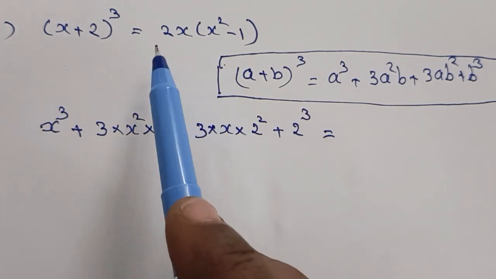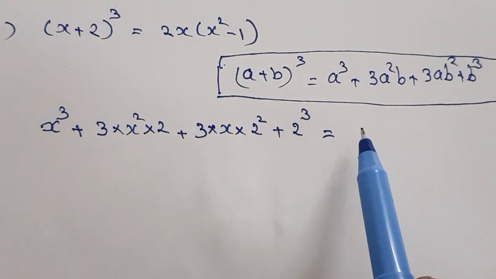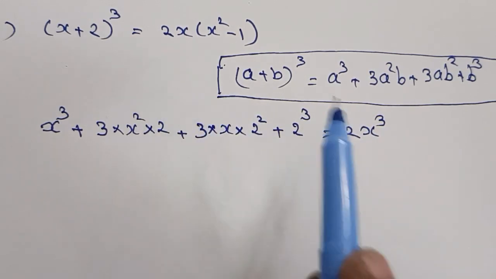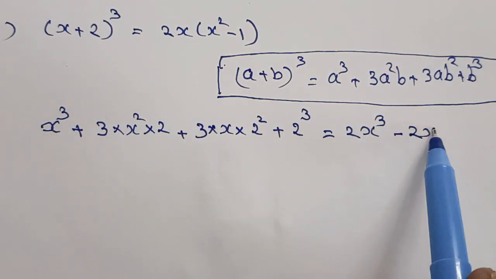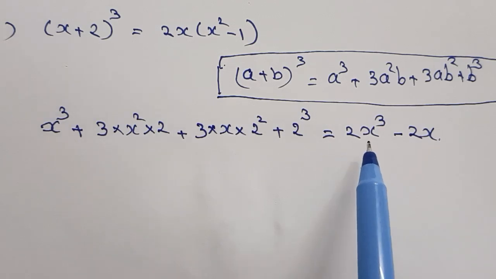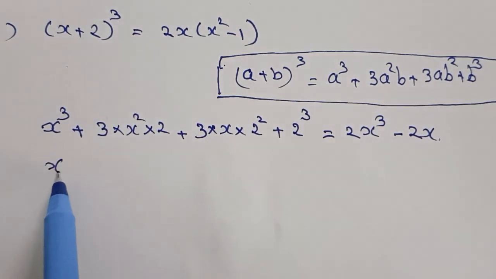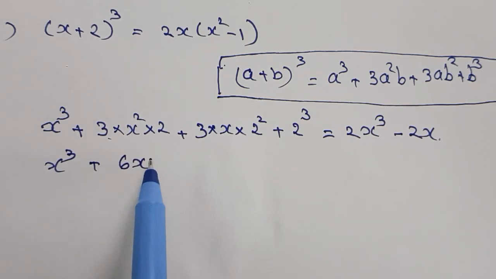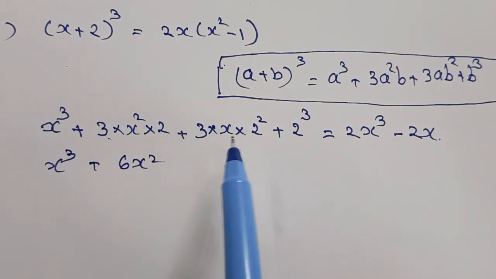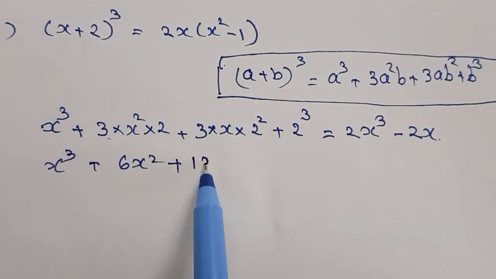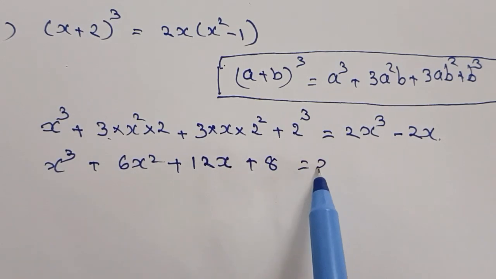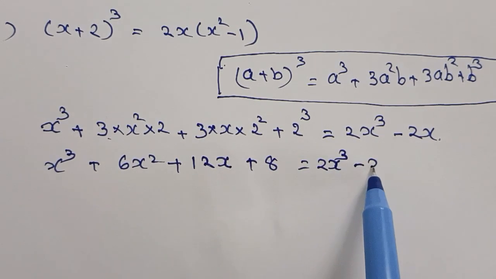Equal to, when you open the bracket in RHS, 2x into x square is 2x cube, 2x into minus 1 is minus 2x. Now we can write x cube plus 3 into 2, that is 6x square, plus 4 into 3, 12x, plus 2 cube equal to 8, equal to 2x cube minus 2x.